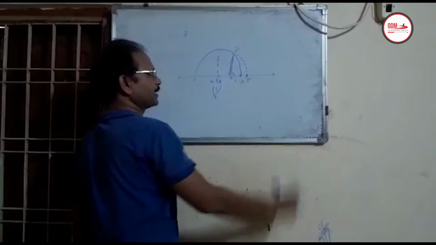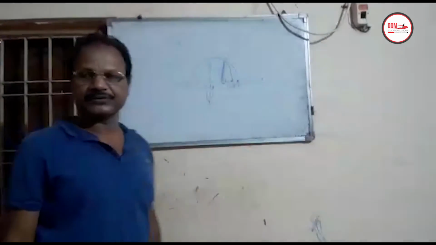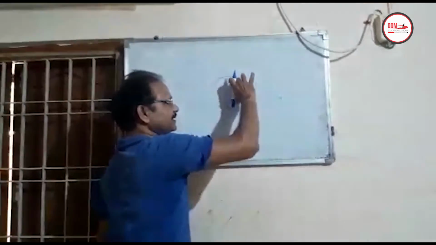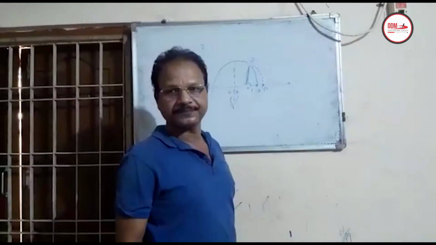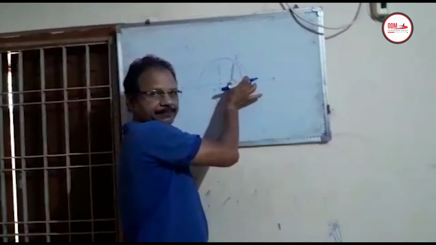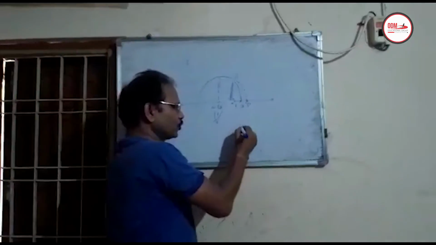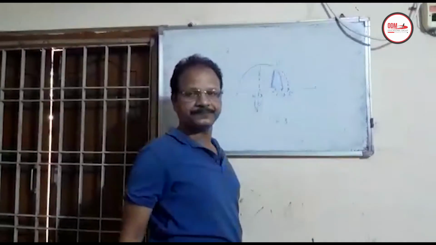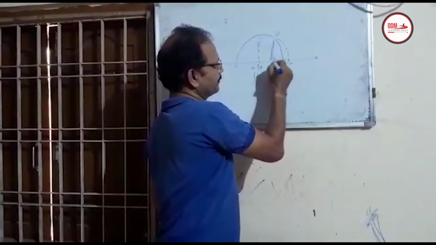This point P represents root over 6.3. This length indicates root over 6.3. This length and this length are the same.